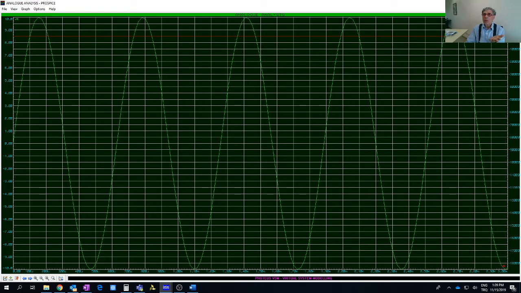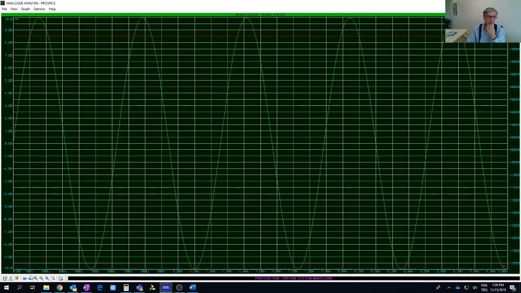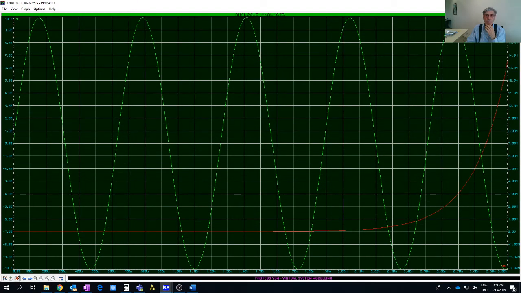I'll check one more thing here. We have forgotten the ground. I should have had ground as well. I put that ground in now here, and then run it once again. You see what happened here.